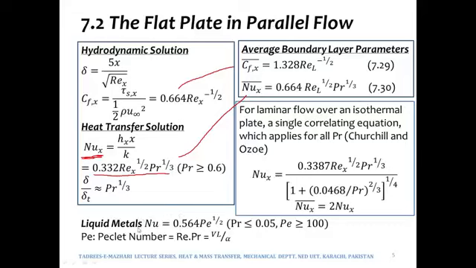A very unique expression for Nusselt number for liquid metals is given as 0.564 Peclet number raised to the power half. See, what happens with liquid metals is that they have very high thermal conductivity, because it is metal. And as we were discussing in the previous chapter, for liquid metals Prandtl number was very small, of the order of 0.0 something, as is mentioned over here.